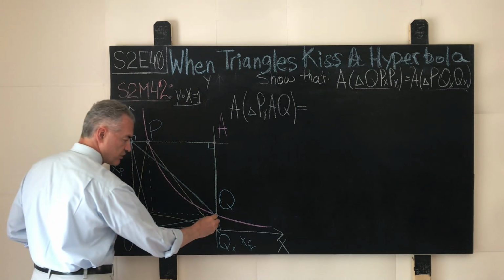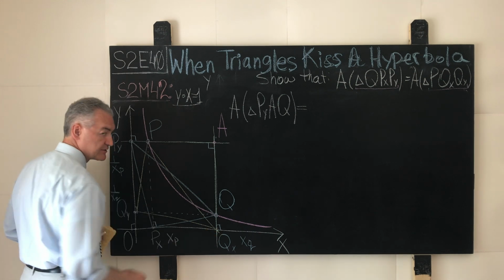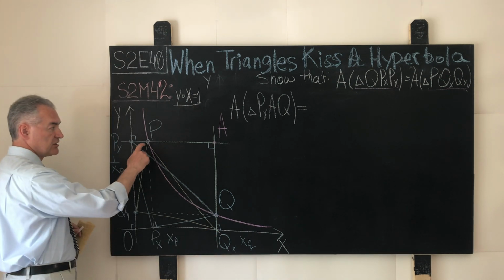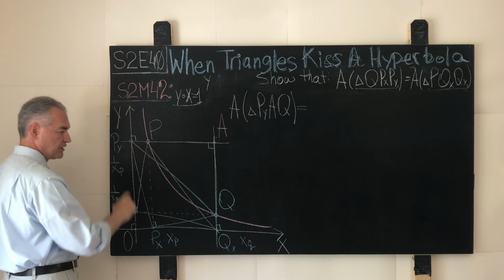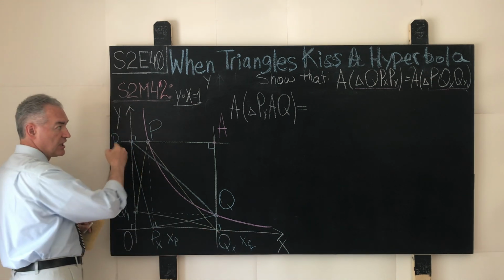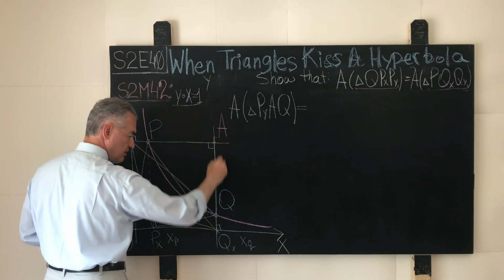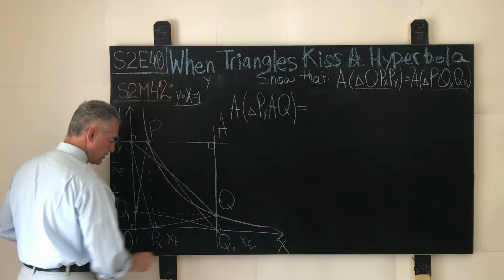A straight line through Q parallel to the y-axis or perpendicular to the x-axis, and a straight line through the point P that is parallel to the x-axis or perpendicular to the y-axis. These two straight lines will intersect at the point A, and this is the point that completes our bounding rectangle.